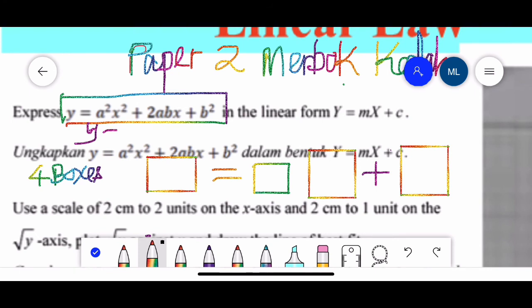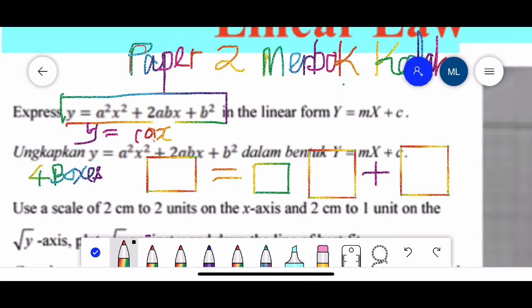From there I can see I have to square root my y, because the question mentioned big Y is square root of y. So I have to do completing the square, or you can say factorize. I will write y equal to, I have to factorize first, a x plus b all squared. Why do I know I have to factorize?